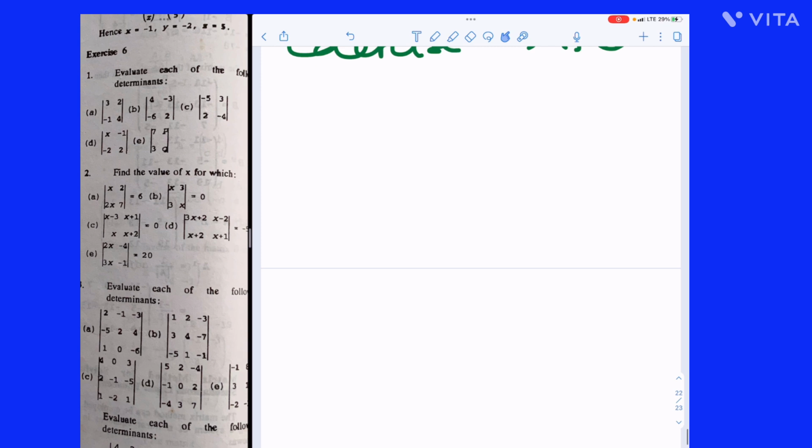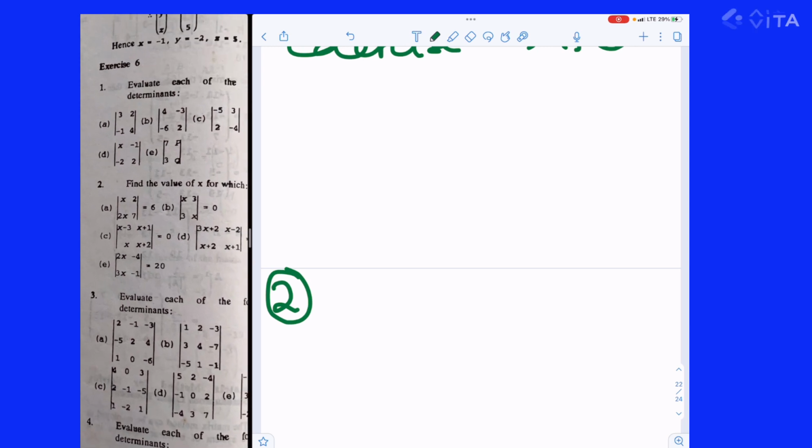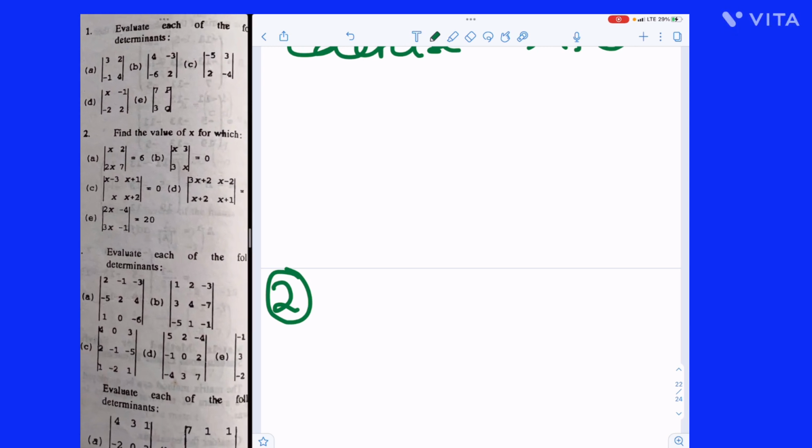So we go straight to application of determinants. This set of questions in number 2 involves the use of determinants of matrices. Here we are given the determinants. The question says find the value of x for which x, 2x, 2, 7 is equal to 6.